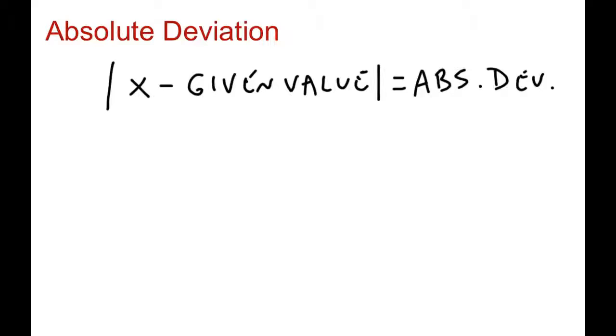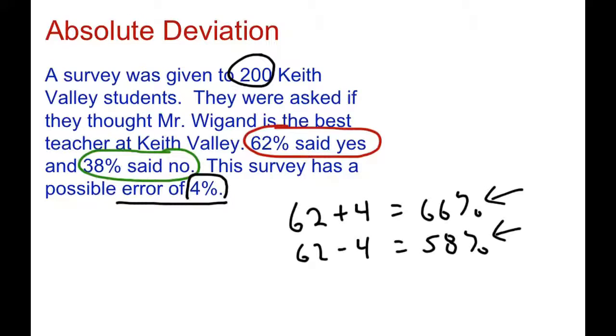All right, now this is the equation we're going to use for absolute deviation problems. X minus the given value equals absolute deviation. So if I were looking at the problem that we just were talking about, whether Mr. Regan is the best teacher, I'm going to set it up like this. X minus our given value, and if I go back, that was our 62%.